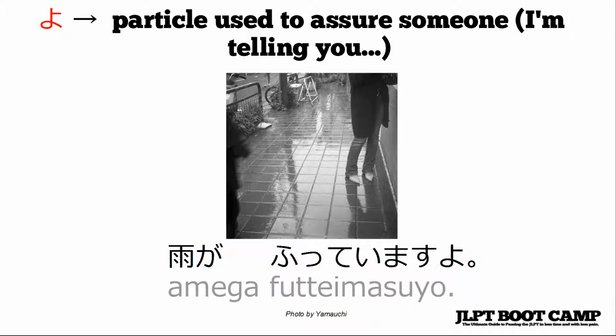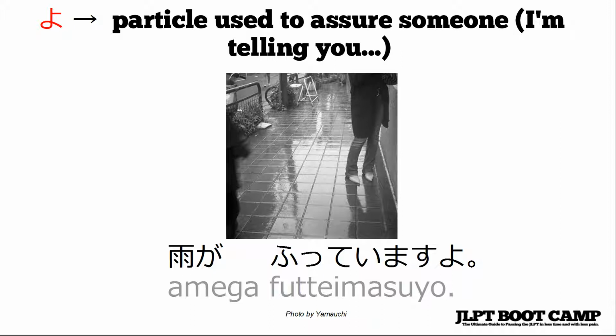A few people make the mistake of thinking yo is the exclamation point in Japanese, and that's not quite the exact purpose that it serves. It's more like you're giving new information, and the speaker feels that new information is important, and the listener needs to hear that in order to have a good time, or in some situation, that information is important to the listener.